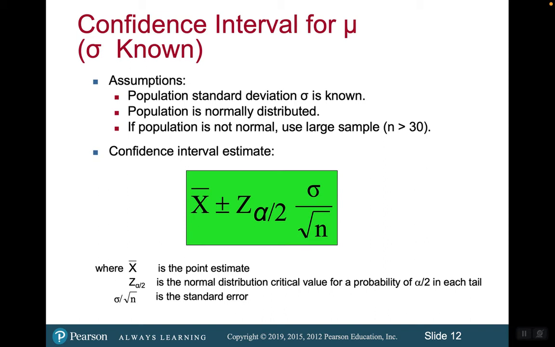And then the third thing is, if the population is not normal. Ideally we'd like to have a normal population, but there could be situations where the population is not normal, where you could see a skew. There are ways we can compensate for that, basically by using a larger sample size.